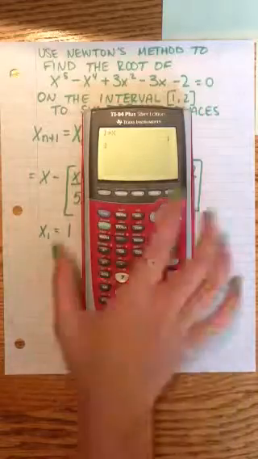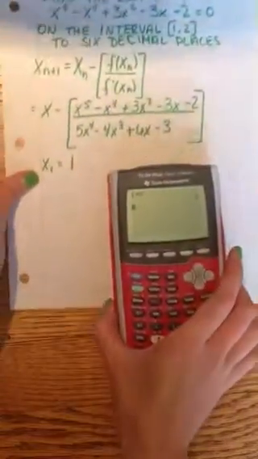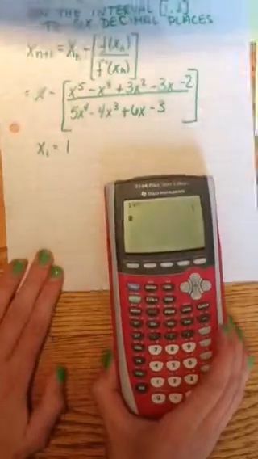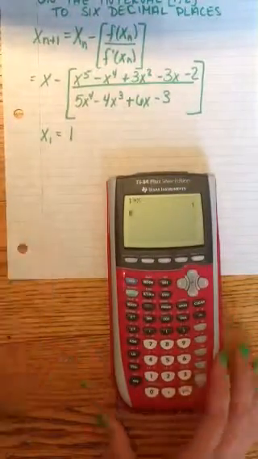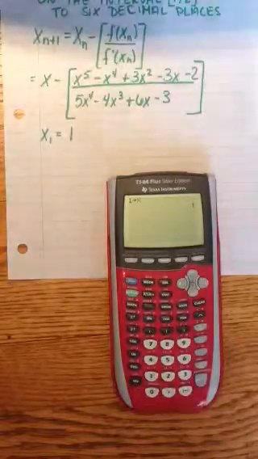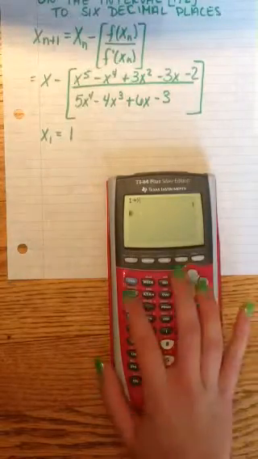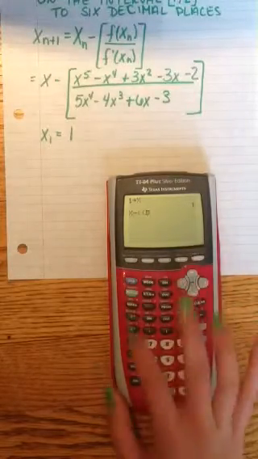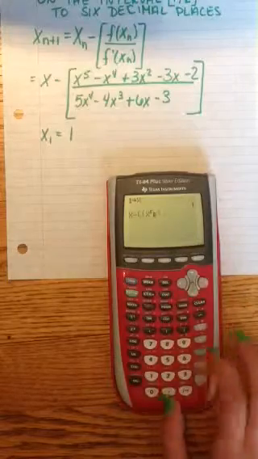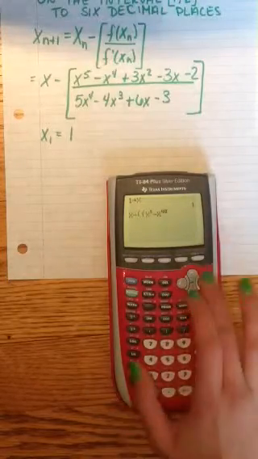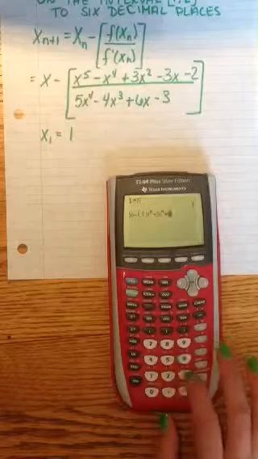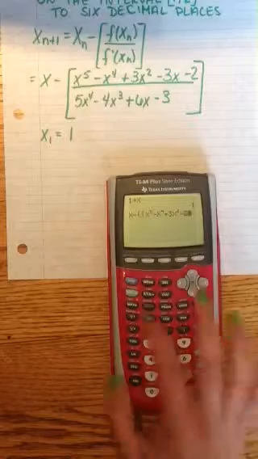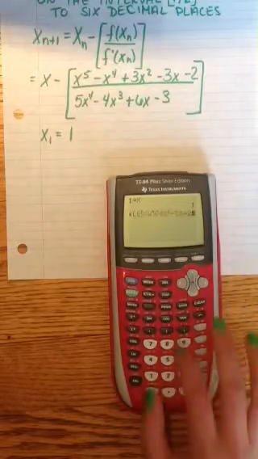And then I'm going to type in my equation, but I'm going to do it so that I don't have to keep typing it in. So I can just store new x's each time. So I'll go x minus x to the fifth minus x to the fourth plus 3x squared minus 3x minus 2.